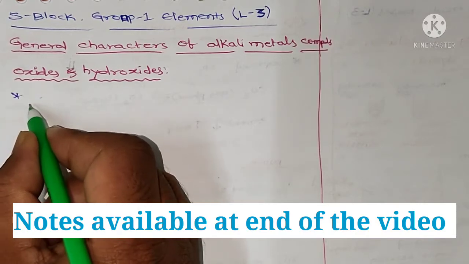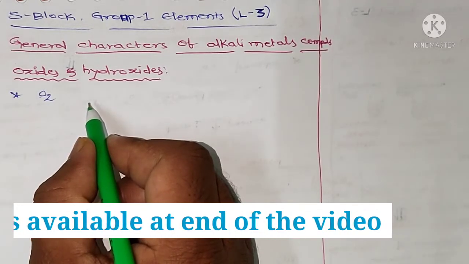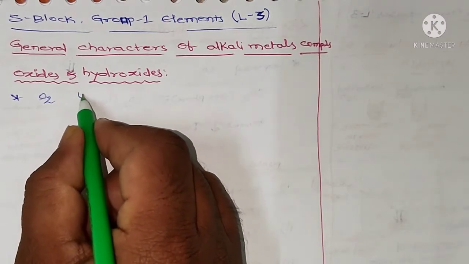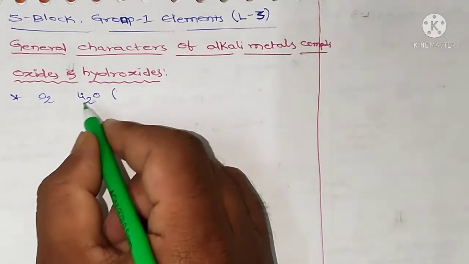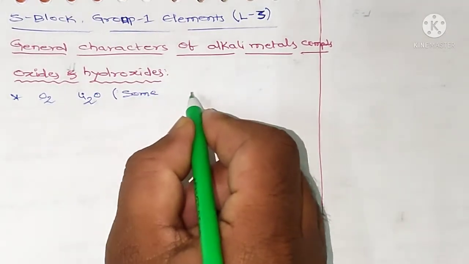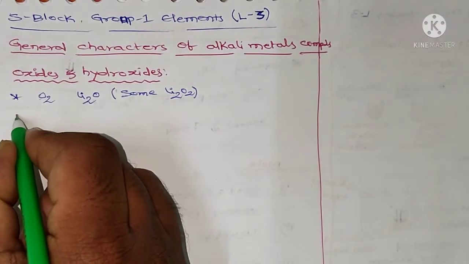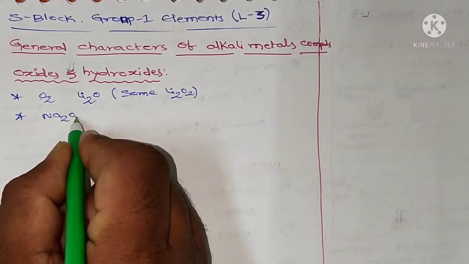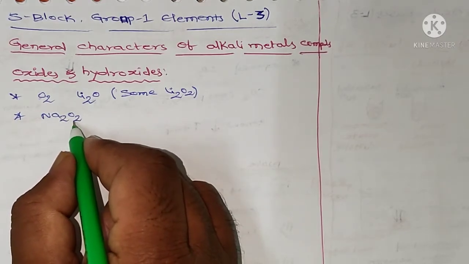On combustion in excess of air, lithium reacts with oxygen and forms the monoxide Li2O. Lithium can also form the peroxide Li2O2, and sodium forms the peroxide Na2O2. When sodium reacts with air, it forms sodium peroxide.